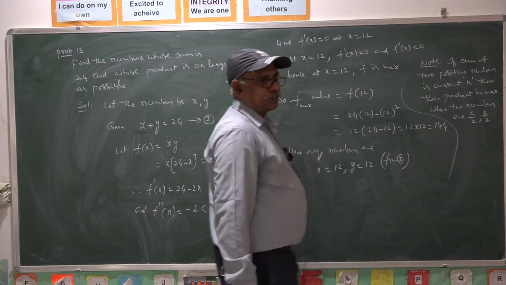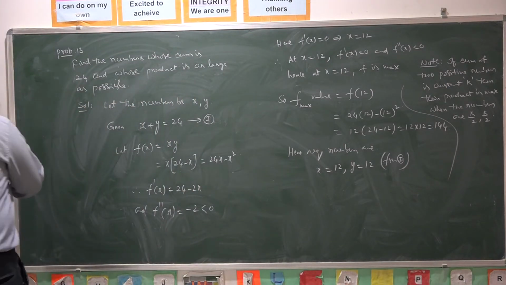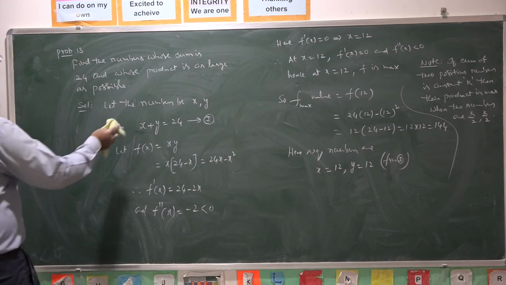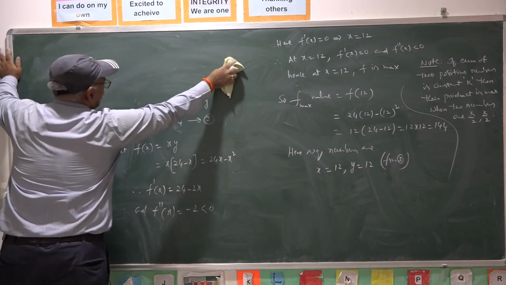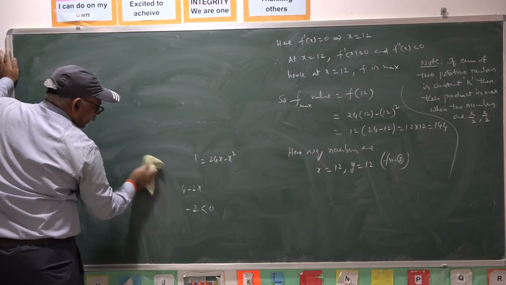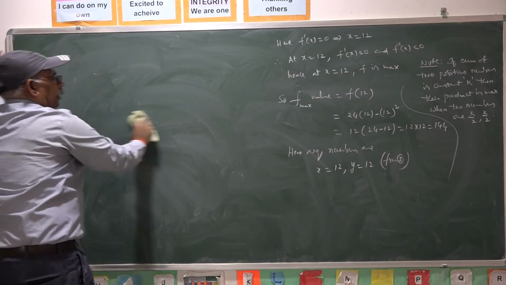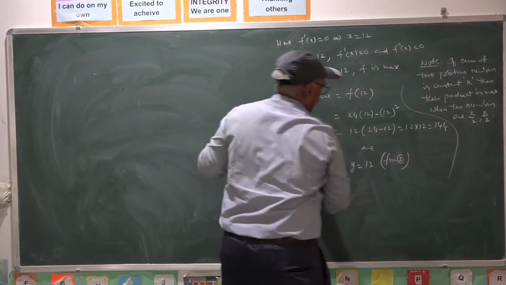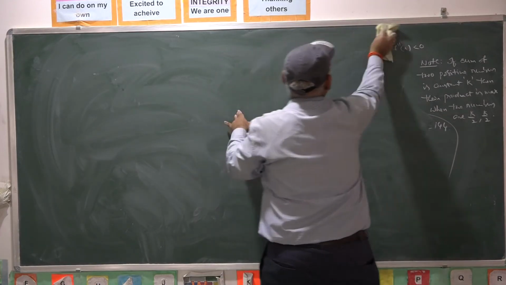That means they are equal. Once the sum of the two positive numbers is constant, their product takes its maximum whenever they are equal. That is one important point, which is useful in dealing with objective questions.